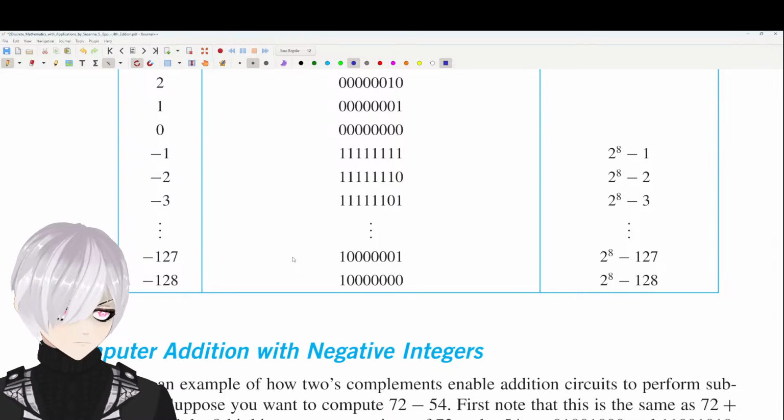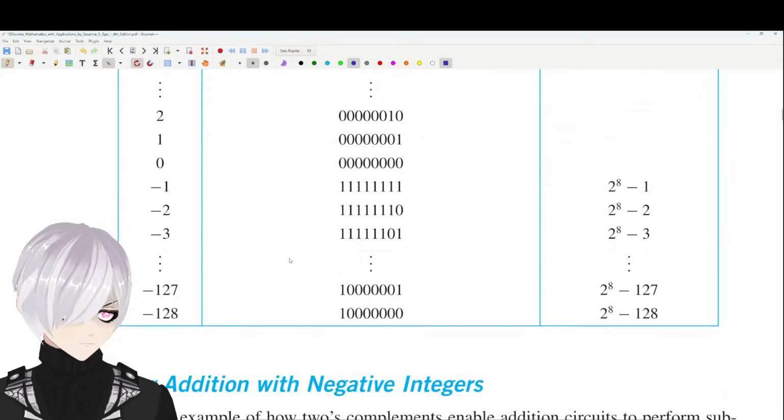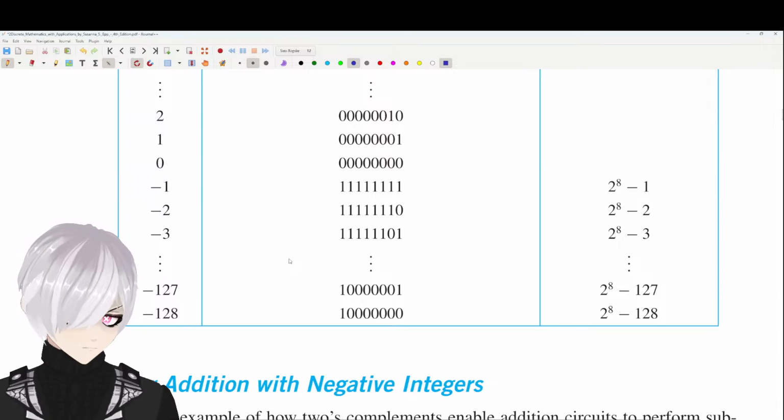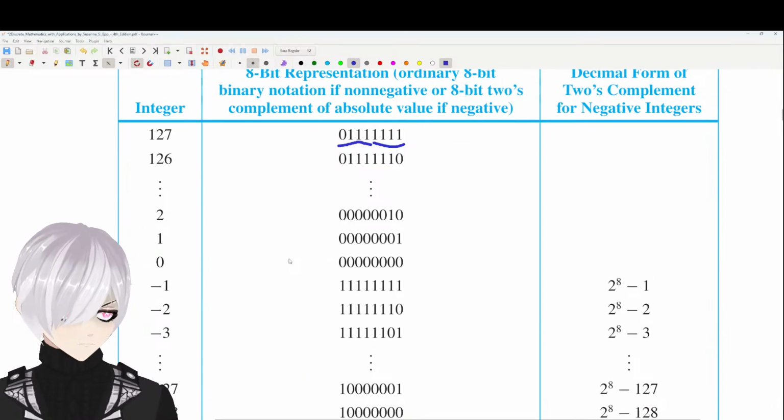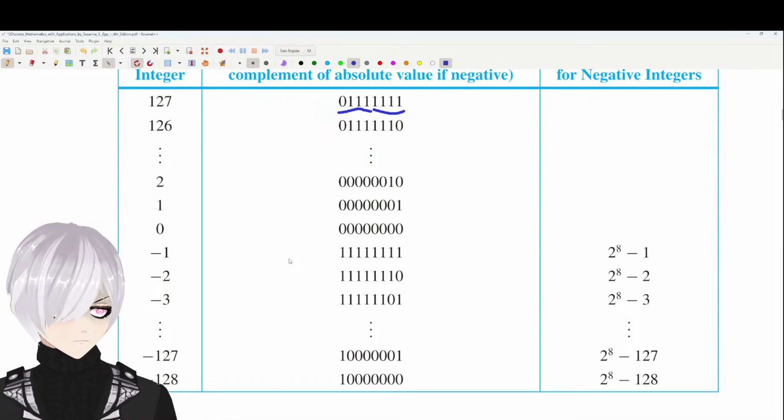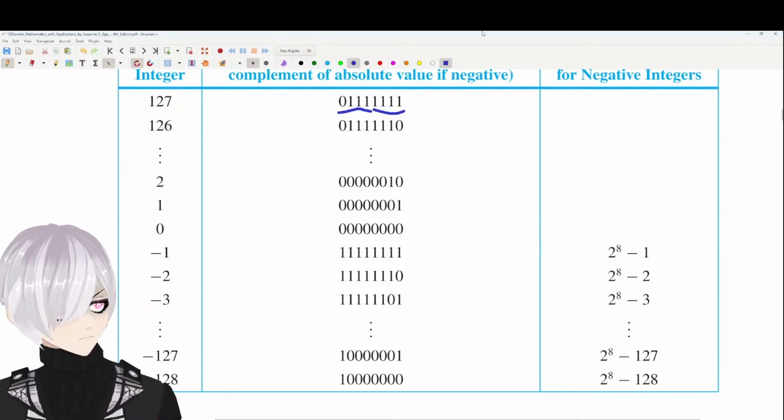And then you still have a bunch of spots left, like the things that would have been representing 128 through 255, but you instead use them to represent negatives.